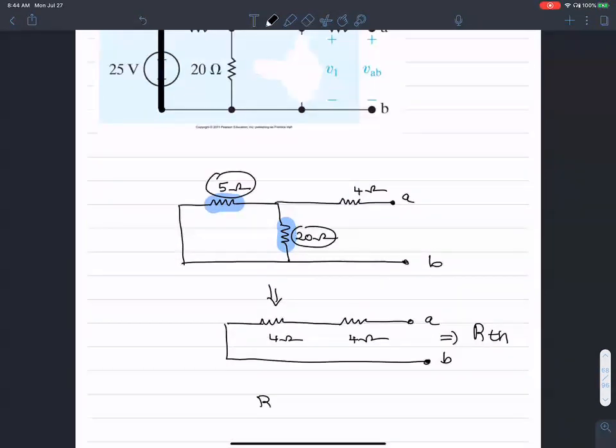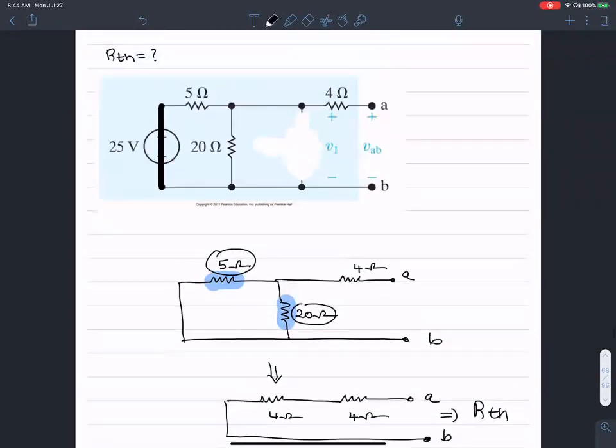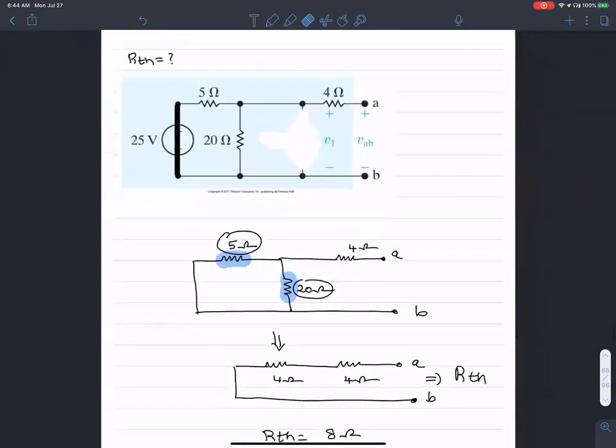RTh therefore equals 8 ohms. All I have done is replace the current source with an open circuit. Similarly, I replaced the voltage source with a short, and then simplified the circuit.